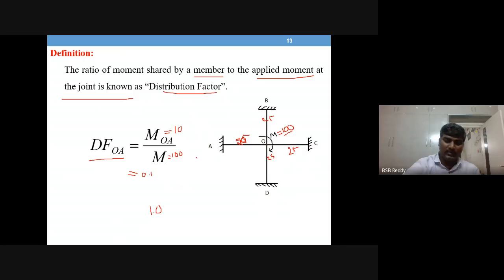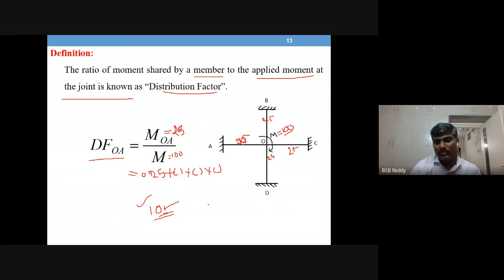So 25 by 100 is 0.25 for each member. Likewise, if you add all those values, 4 times 0.25 is equal to 1. Which means the total distribution factor at a joint should be 1. So this is about distribution factor.